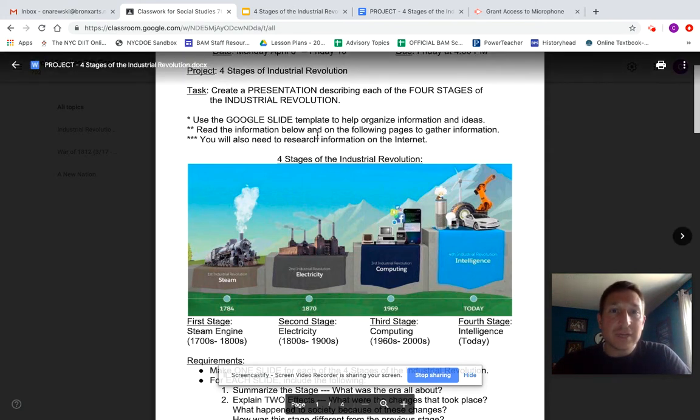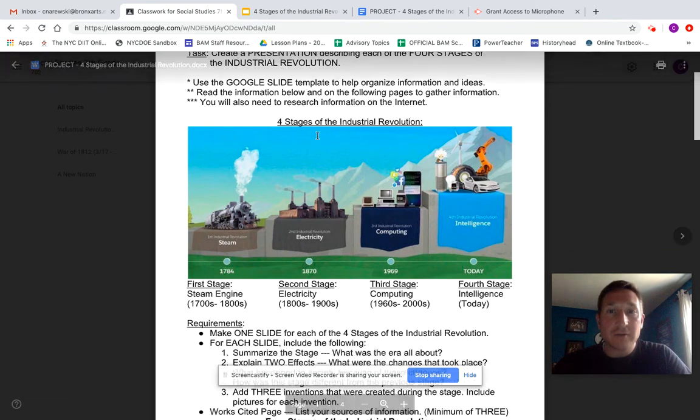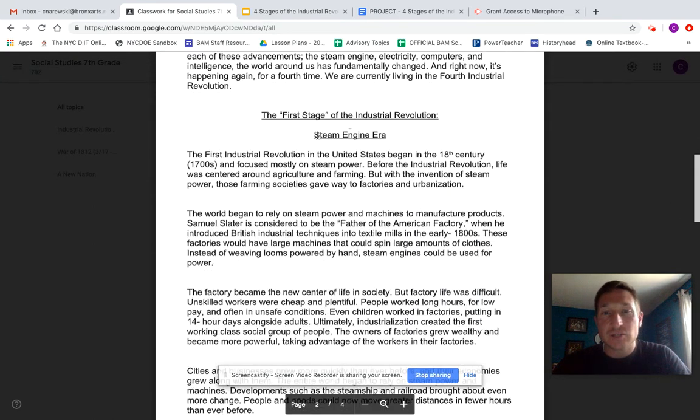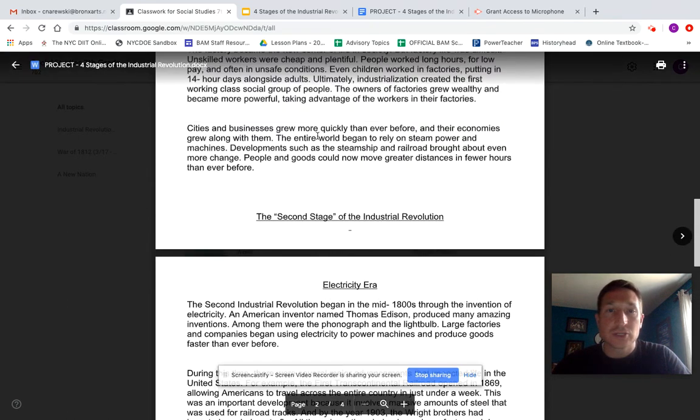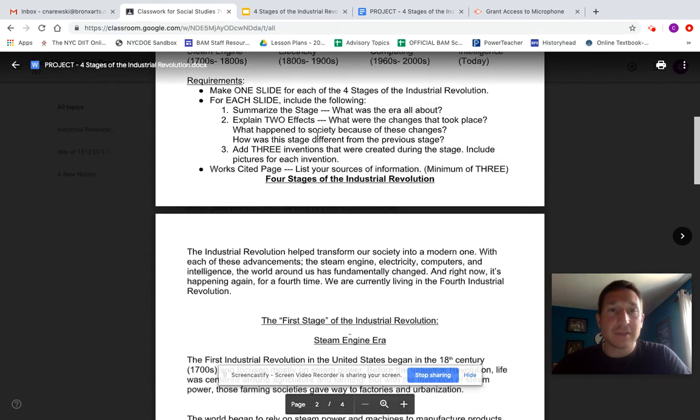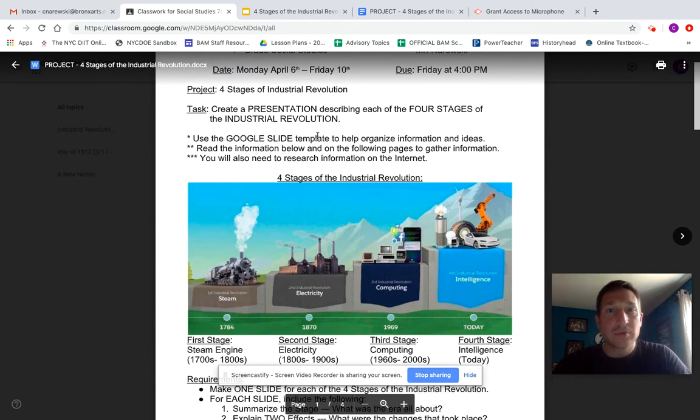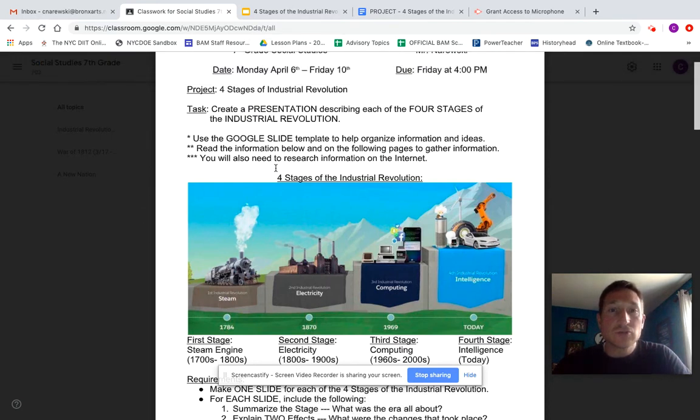Read the information below and on the following pages. So everything on here is critical. This is where you are starting your information, your research. Please read everything on this in order to help you get really prepared and really successful. You will also need to use research information on the internet. So you're going to have to kind of extend this beyond just what you have in front of you.